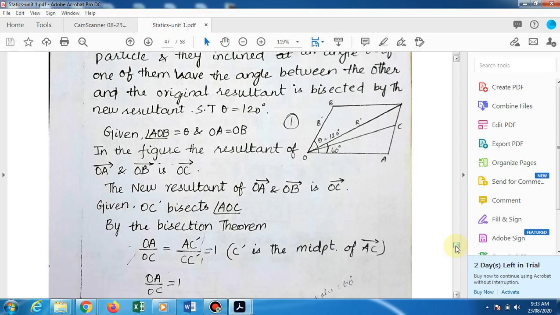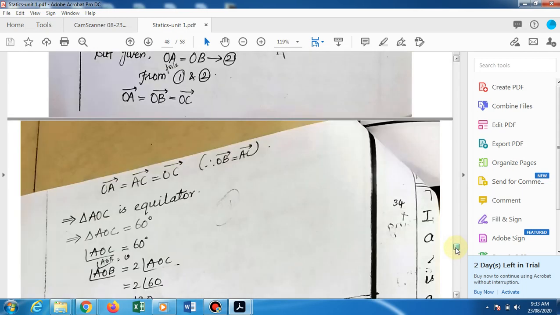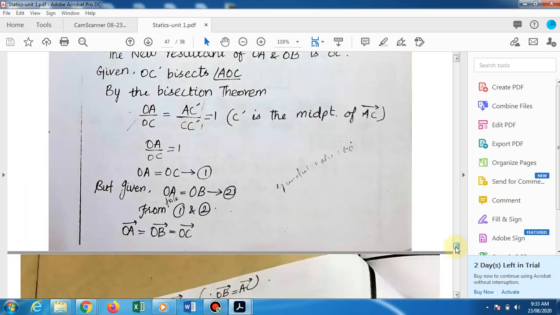See the diagram. Then OA by OC is equal to 1. Therefore, OA is equal to OC.